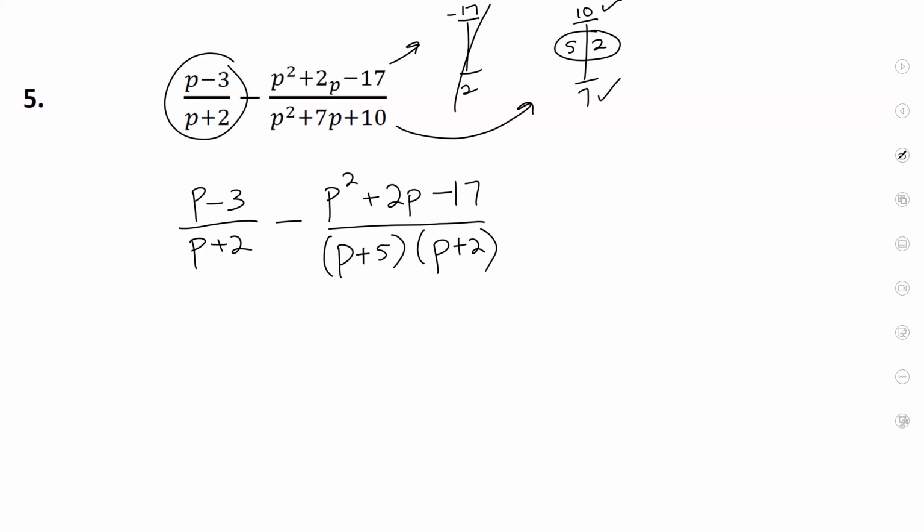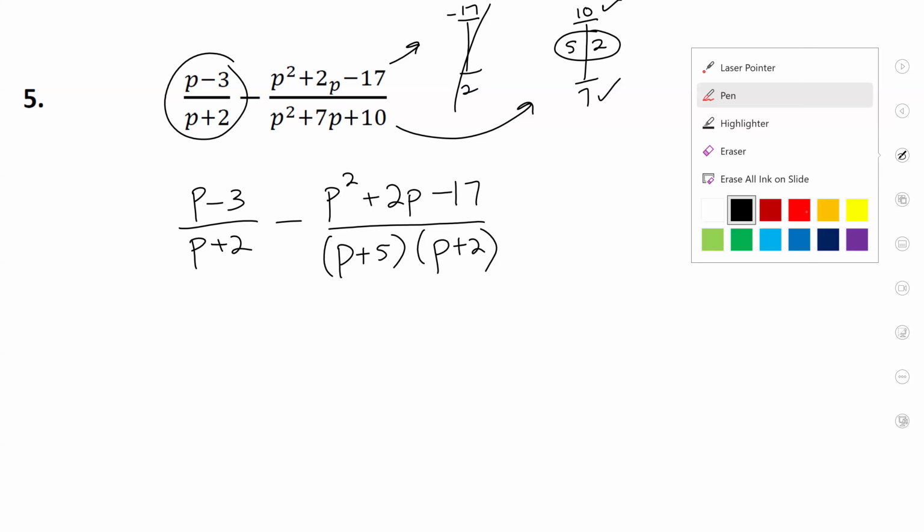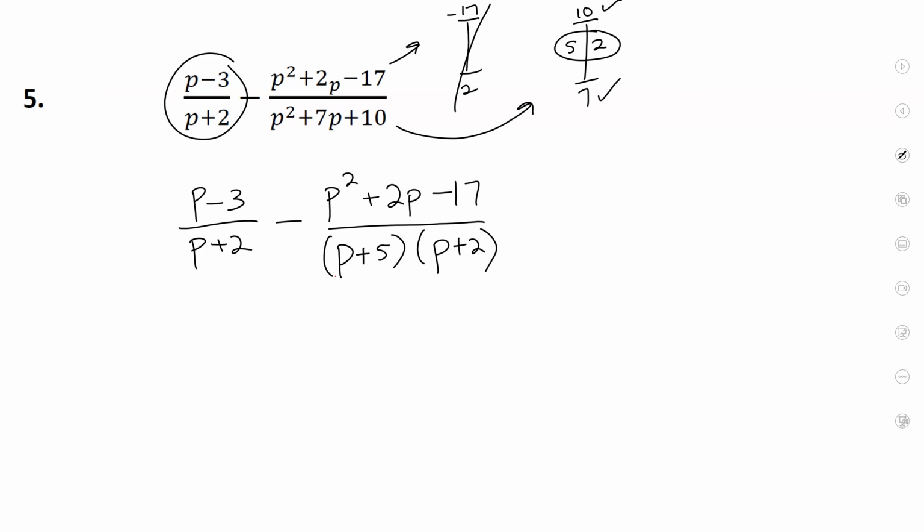What should I add to that first denominator? Good. It needs a p plus 5. So I'm going to put a p plus 5 here, both on the top and the bottom. Now my denominators look the same.